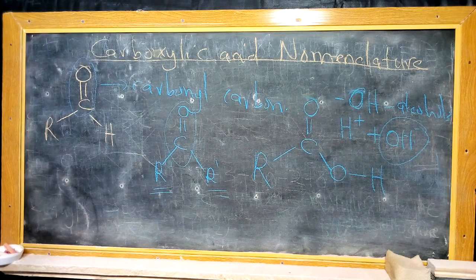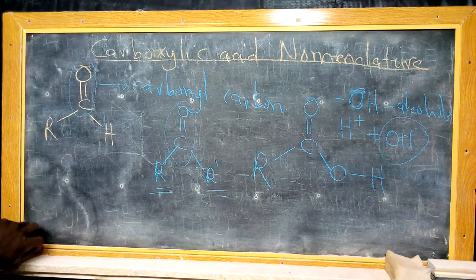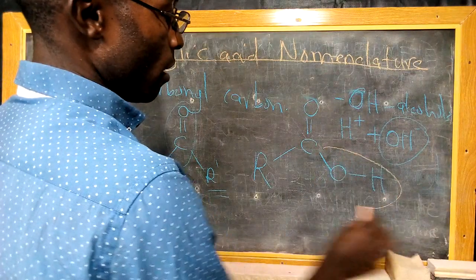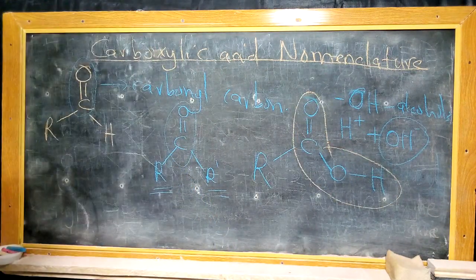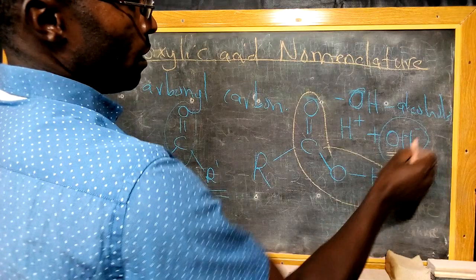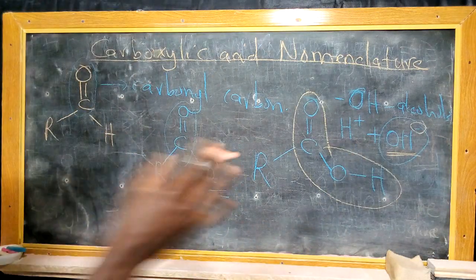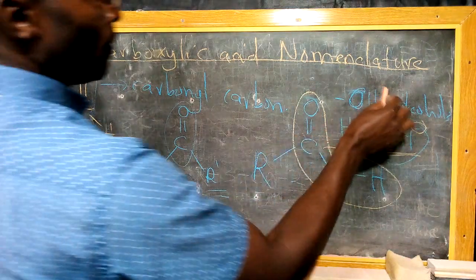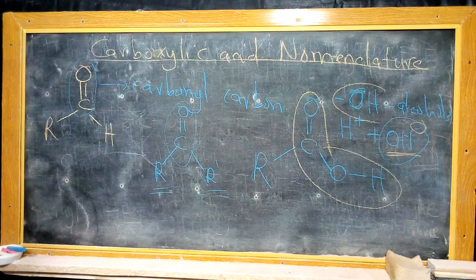So it is important for us to differentiate between the structural formula or this aspect of the carboxylic acid that appears here, and then take note of this negative charge that appears, for instance, in the water molecule, and the OH group that appears in the alcohol.